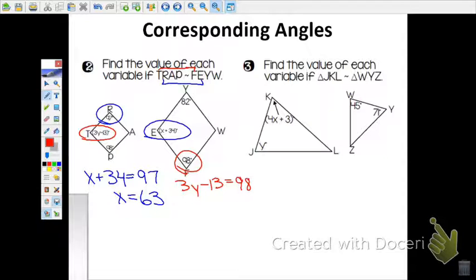So I add 13. 3y equals 111. Y equals 37. Okay, so they're just asking for the value of the variable. If they asked for the measure of the angle, then I would need to plug it back in.